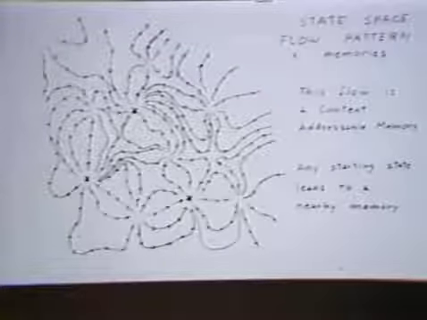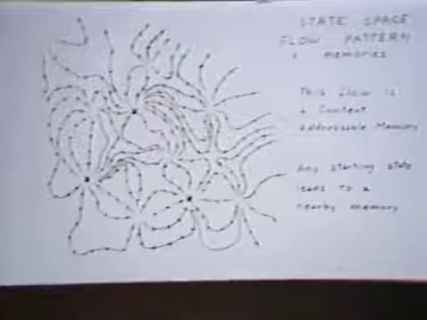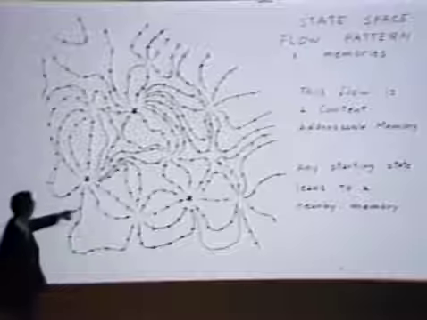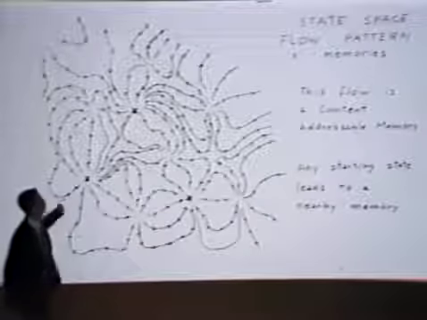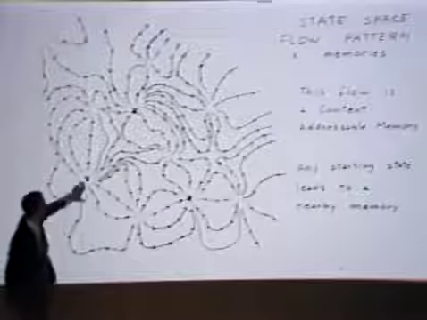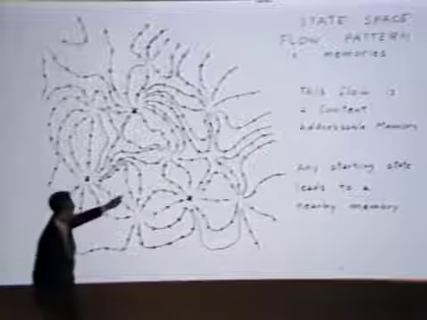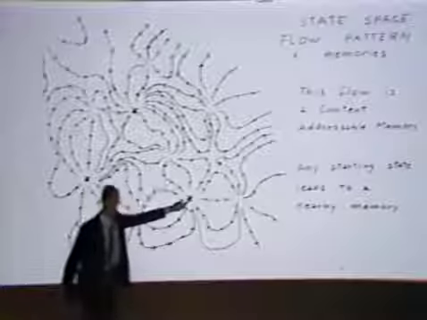Locally, the flow goes to that region. And as a result, if you start from some place with partial information about where a memory is, the system will go on and reconstruct the memory exactly. Whereas if the partial information you have is more like some other memory, it will go and reconstruct this other memory. But the idea of content addressable memory is contained in such a picture.